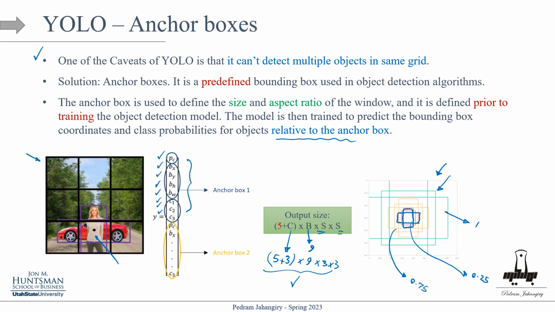For example, if the anchor box is defined as a square with a side length of 32 pixels, then the model can detect objects that are smaller or larger than the anchor box by predicting bounding boxes that are smaller or larger than that anchor box. So that's the way to get around the caveat that YOLO cannot detect multiple objects in the same grid cell. Using anchor boxes, we can do that.